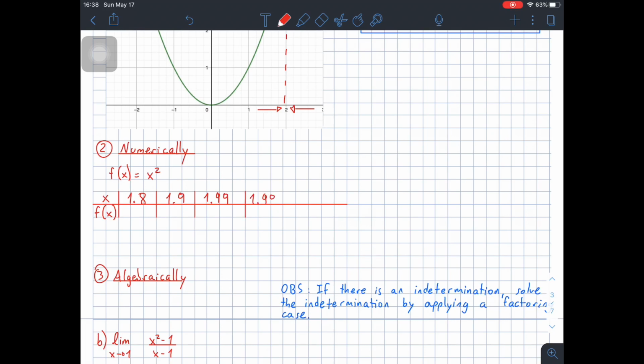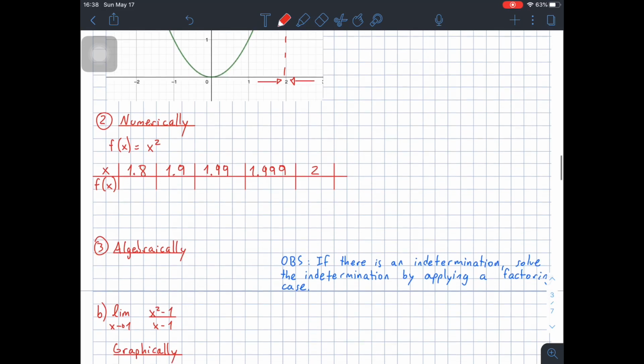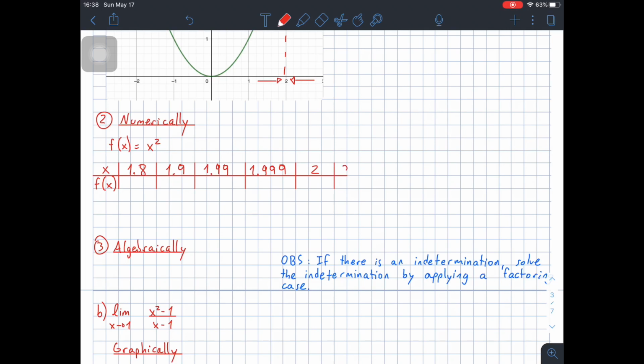Maybe 1.999 in order to approach 2 as close as possible. I'm going to write 2, but we're not going to be using this value. And then I need to approach from the right. So other values would be 2.001 or maybe 2.01 and so on, okay? You could give more values, but I think that with this we're fine.